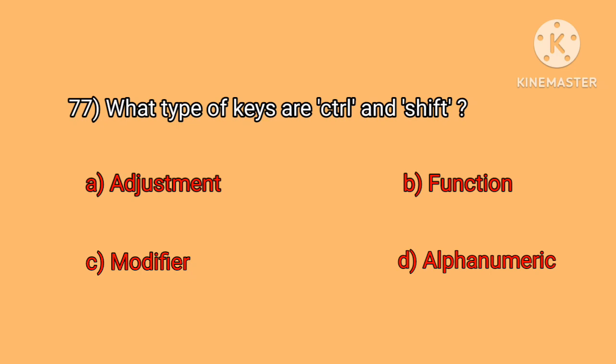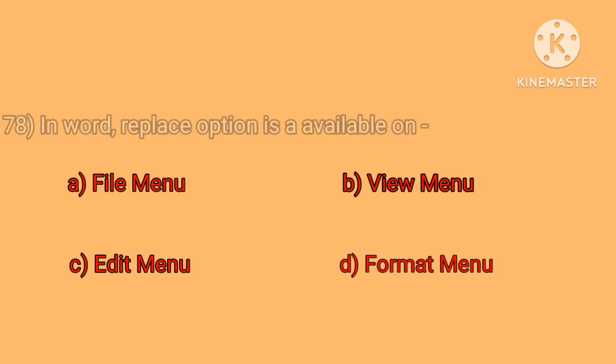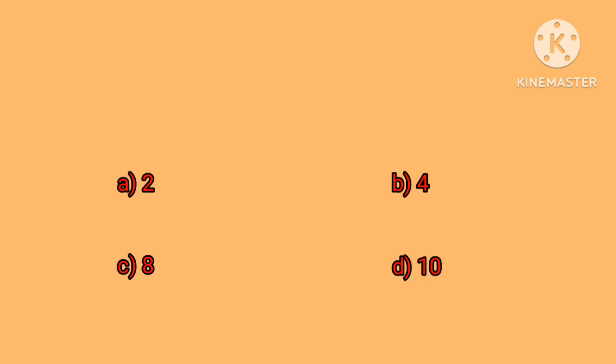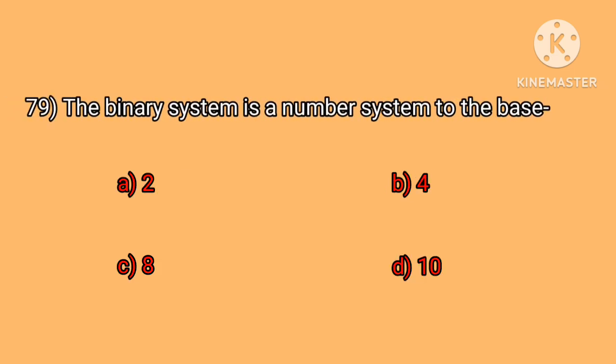What type of keys are CTRL and Shift? Modifier. In Word, replace option is available on edit menu. The binary system is a number system to the base.